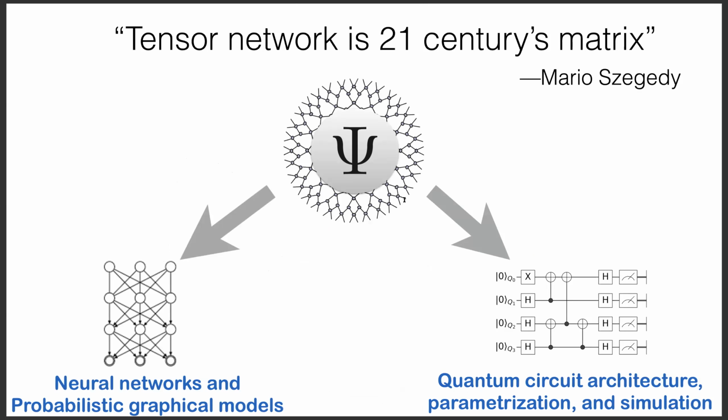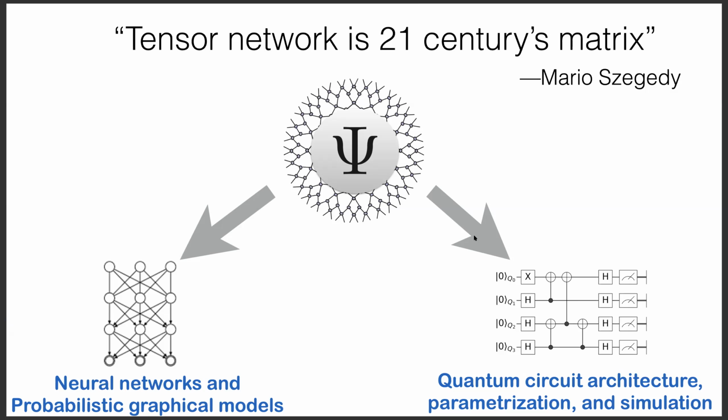On one hand, they are closely related to so-called probabilistic graphical models in machine learning. There were actually some constructive proofs and many interesting mappings between tensor networks and neural networks. And you might have heard that some people were also talking about using tensor networks for machine learning.